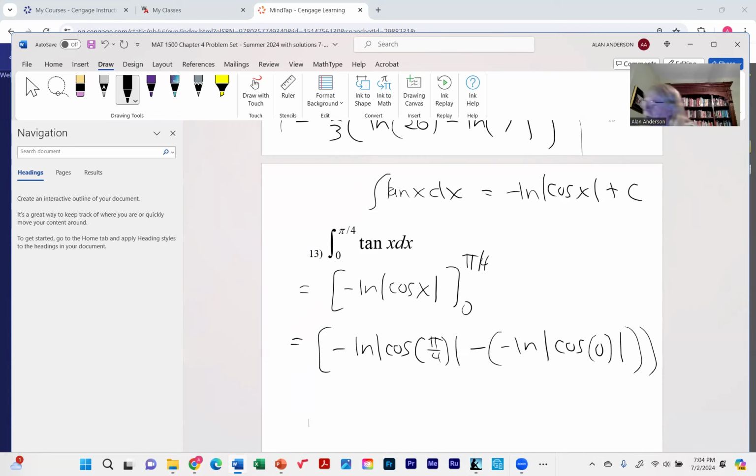Okay, 0.70, which I think, let me just double check this. Yeah, it had that certain look to it. This is actually radical 2 over 2. Let me write it like that. It's just a little bit cleaner.